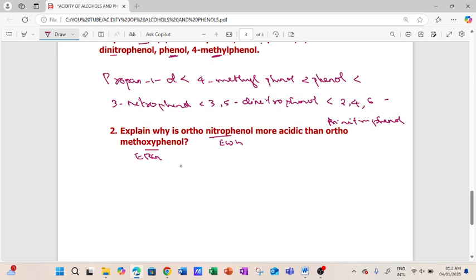Based on that you can write the points: if electron withdrawing group is there, electron density decreases, polarity increases, OH bond breaks easily, and H plus ion will be lost easily. Like that you can explain the answer.